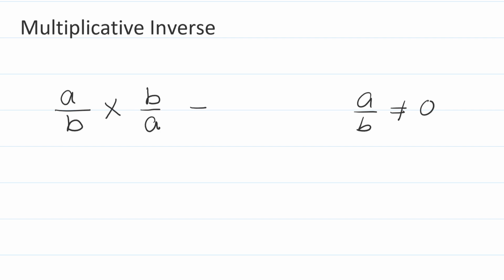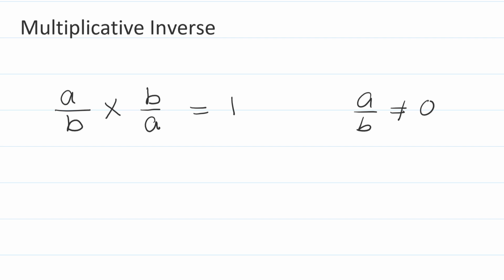Multiplicative inverse. We call this the reciprocal. For every non-zero rational number a upon b, remember this property cannot be used for all rational numbers. Consider a upon b where a upon b is not equal to 0. For any non-zero rational number a upon b, there exists a rational number b upon a such that the product of a upon b and b upon a is 1.